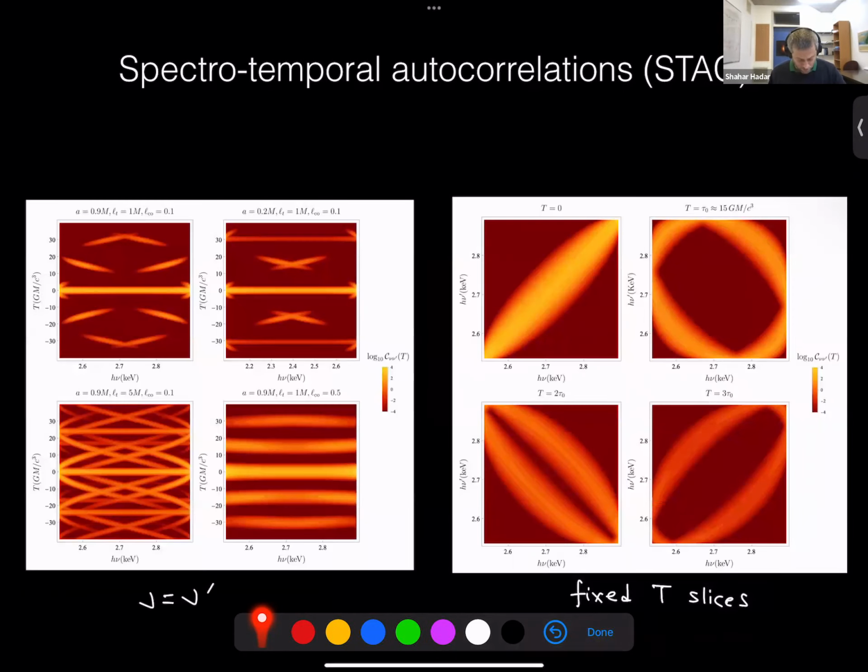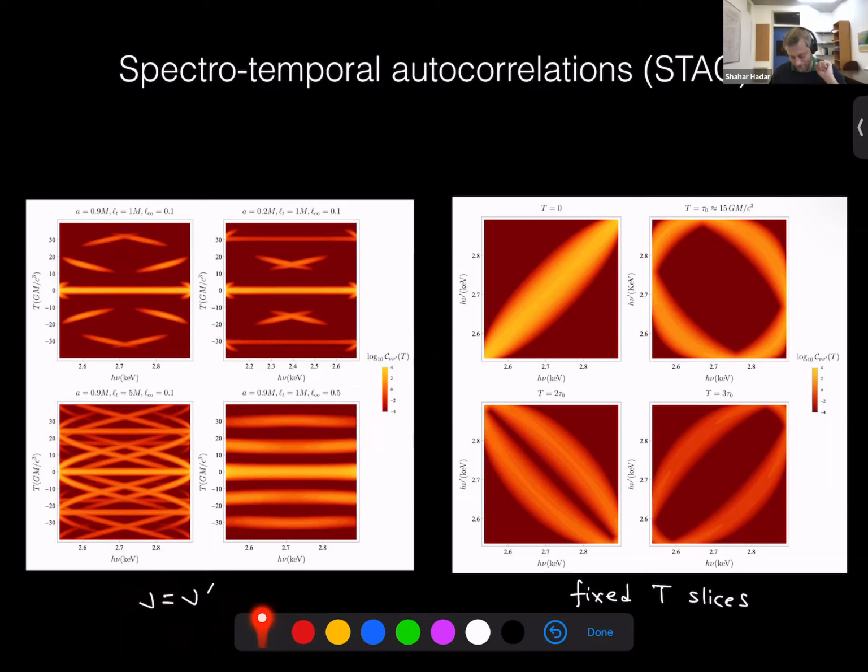And these are other plots of the spectro-temporal function. They're sliced in different ways. Here we fix nu equals nu prime. And you get this kind of dependence. So it's a different slicing of this 3D correlation space. By the way, the scale here is logarithmic. And these are analytical results in the photon ring approximation. I'm not yet saying that this is exactly what you see in real life.